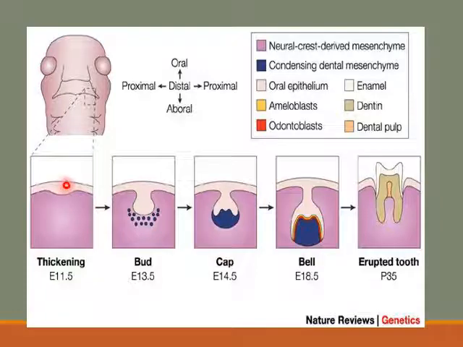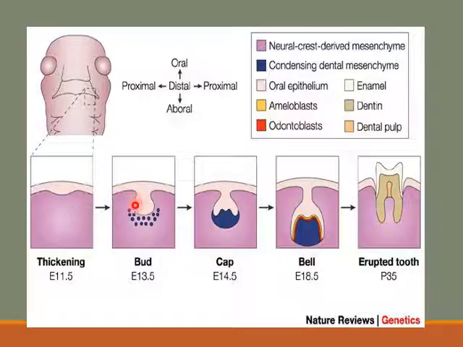This is the beginning of the thickening of the primary epithelial band, which later gives rise to the dental lamina, proliferation and thickening here, and this proliferation continues toward the ectomesenchyme and the formation of the enamel organ like a bud.